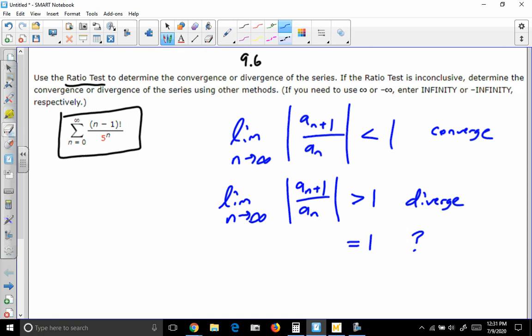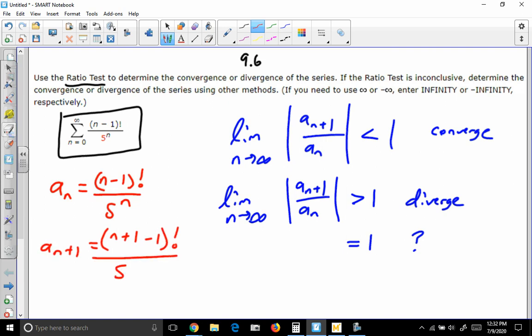So our a sub n is n minus 1 factorial over 5 to the n. A sub n plus 1 just means everywhere we have an n, put an n plus 1.